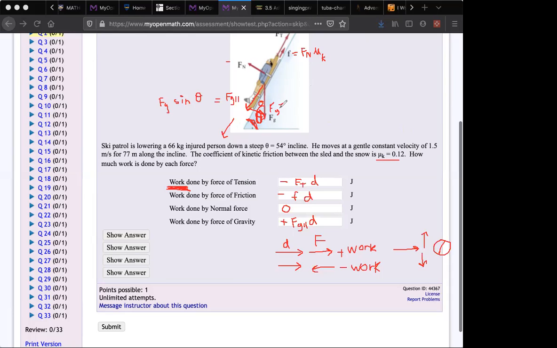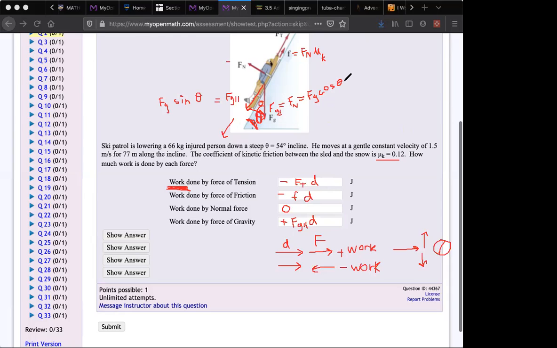It's next to the angle theta, so this is force gravity perpendicular, which equals the force normal. And that has to equal force gravity times the cosine of theta. So that one can go right into here for friction.